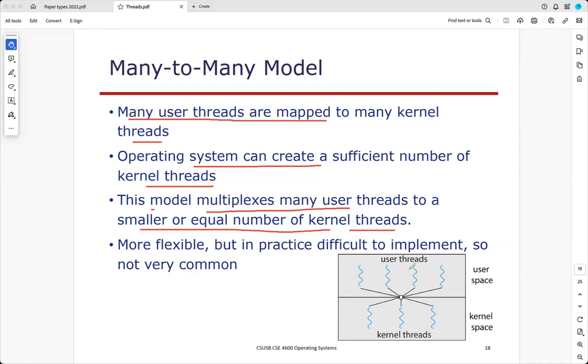The many-to-many model is more flexible than the many-to-one or one-to-one model. But in practice, it is difficult to implement the many-to-many model. So now this model is not very common in operating systems.